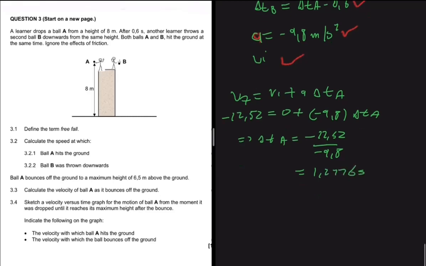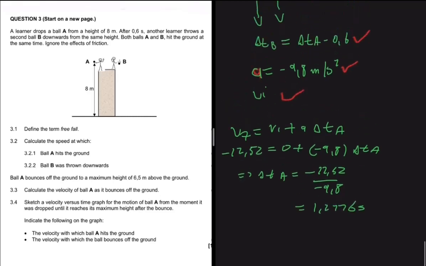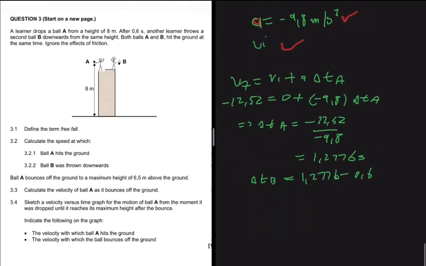Which will give us 1.2776 seconds, right? So now we can see that delta t for ball B will be equal to 1.2776 minus 0.6, which will be equal to 0.6776 seconds. So now we have delta t for ball B, right?